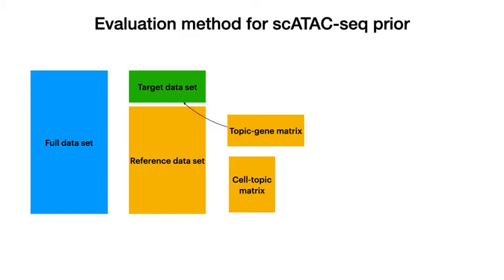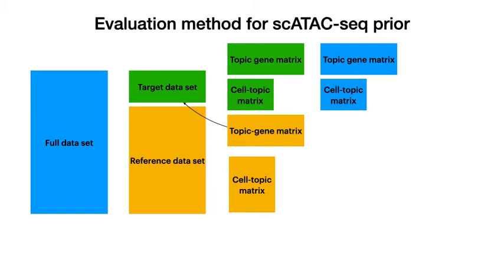When we now analyze our target dataset, we can use the topic gene matrix from our reference data as a prior for the target data. This results in having the green target topic gene matrix and cell topic matrix.